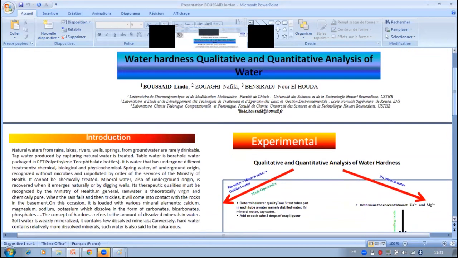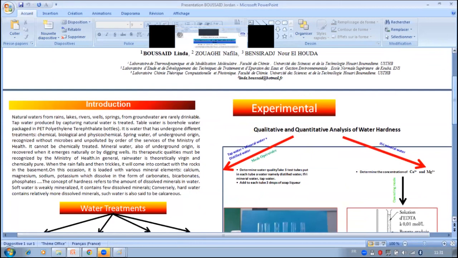Introduction. Natural waters from rains, lakes, rivers, wells, springs, and groundwaters are rarely drinkable. Tap water, produced by capturing natural water, is treated. Tap water is borehole water packaged in polyethylene terephthalate bottles.